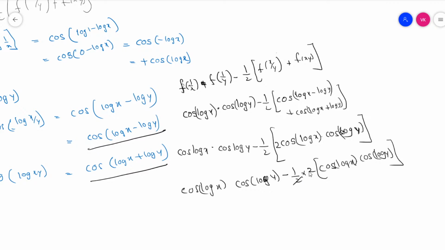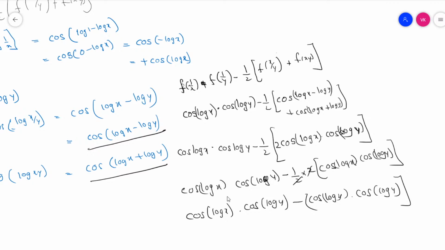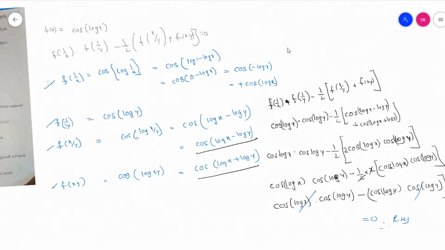Finally we simplify and get cos of log x into cos of log y minus cos of log x and cos of log y. Finally we can cancel them and we will get 0. So we got the RHS. Thus we can prove that the given LHS is equal to RHS.